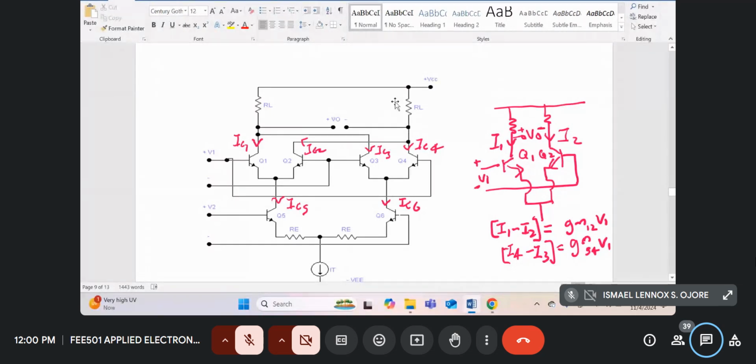Similarly, the drop across the RL to the right is due to IC4 and IC2. So I can get V naught. So we'll start from VCC, get the drop across RL to the left, minus, again we start from VCC, drop across RL to the right, then I'll get V naught.